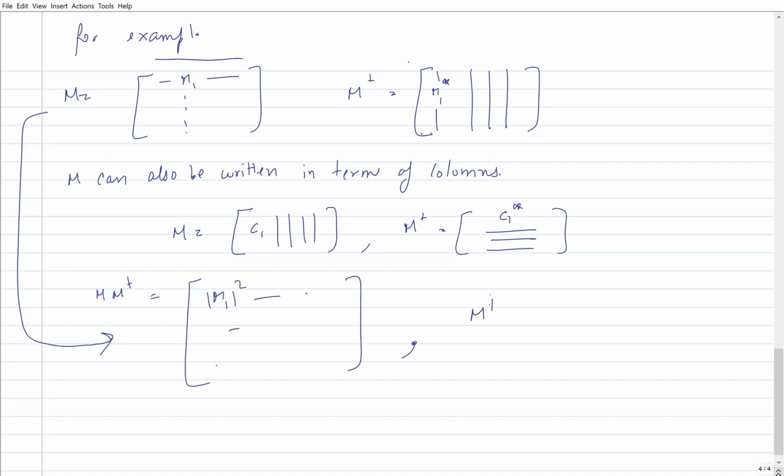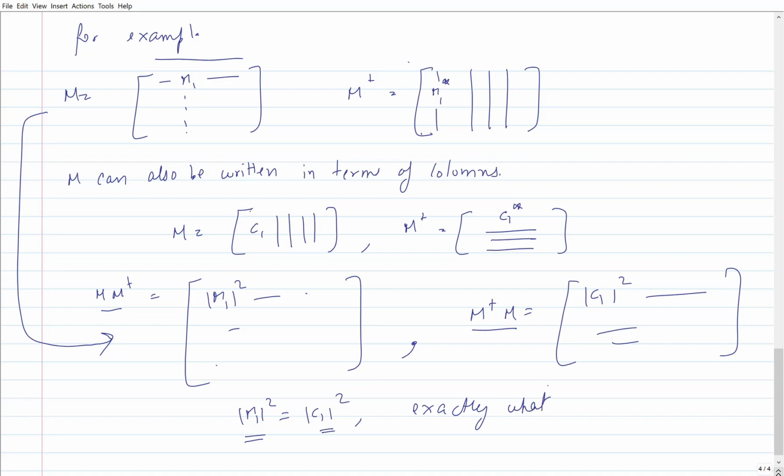Also, M dagger M becomes similarly C1 squared, the column, and other terms. And when M dagger M equals M M dagger, that means that R1 squared is equal to C1 squared, which is exactly what we said earlier. The length of the first row is equal to the length of the first column.